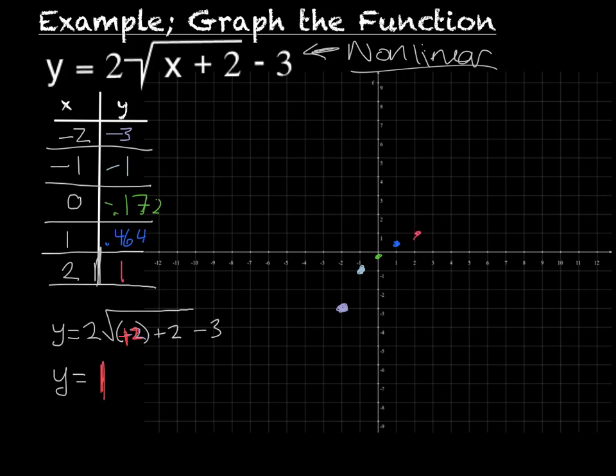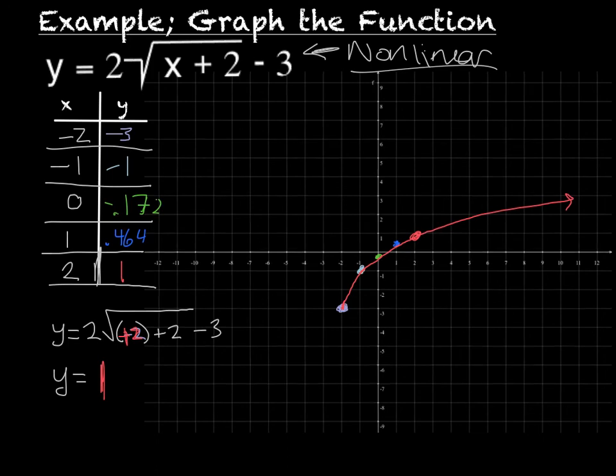So I can see what seems to be happening. It's starting here, and then it's going to rise and then go like that. So that would be your graph. This is actually what we call a square root function, a square root graph, or half of a parabola, but this is what your graph would look like.